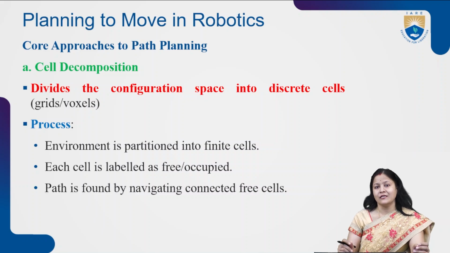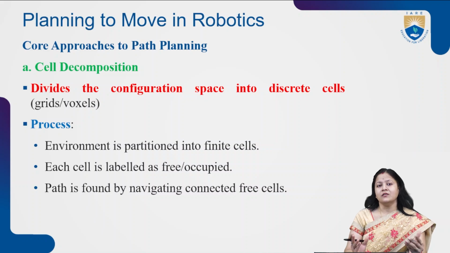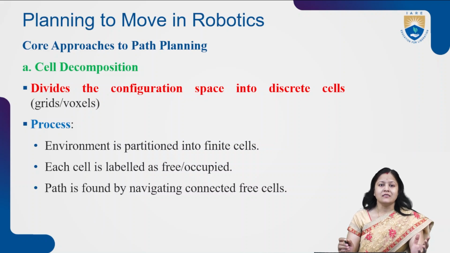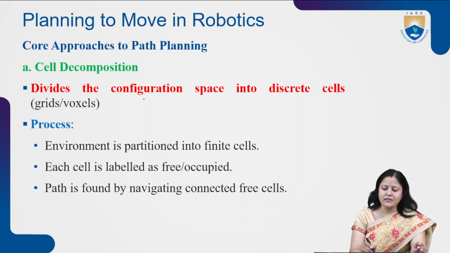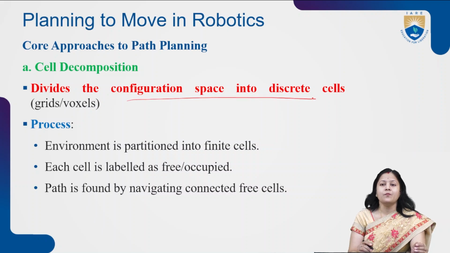If all the pixels are very close to each other, then definitely the clarity of the picture would be good. Same thing here: the complete configuration space is divided into a number of cells. So it divides the configuration space into a discrete number of cells, which are called grids or voxels.